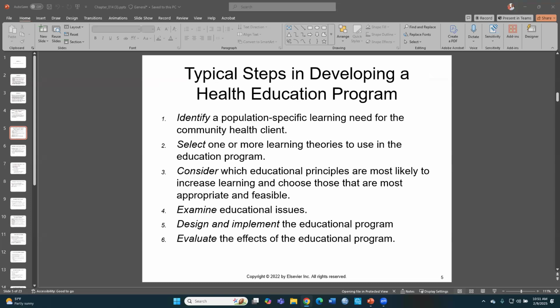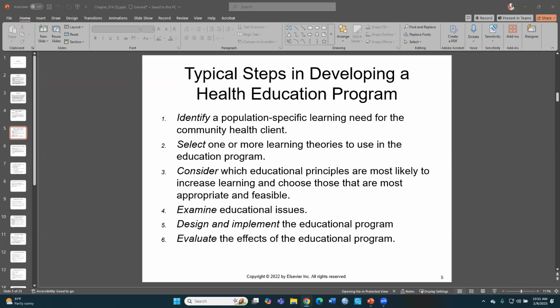So the typical steps in developing a health education program. First, obviously, we need to identify a population-specific learning need for the community health client. So what's going on when we did that community health assessment? What areas did we identify that the community needs to be educated on?